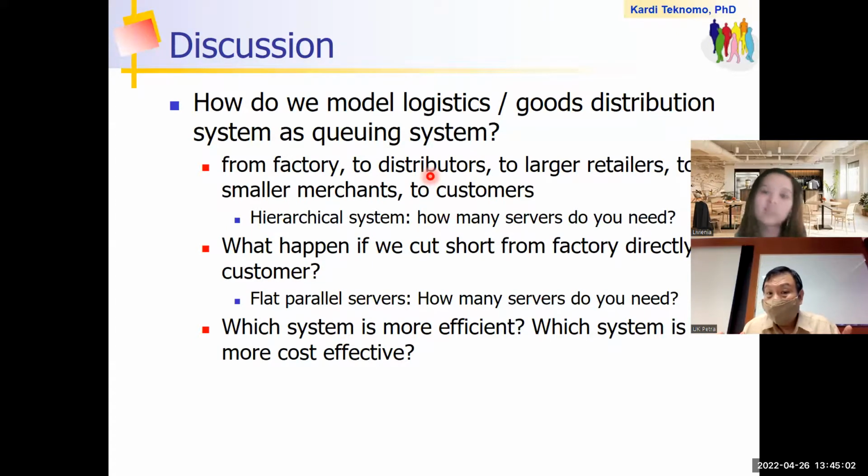So the middleman in the economic system is not necessarily bad, if you think in terms of a queuing system here. Because they make the system more efficient, at higher cost, yes. But in terms of efficiency, not necessarily bad.